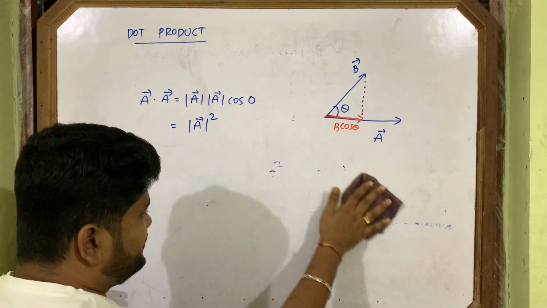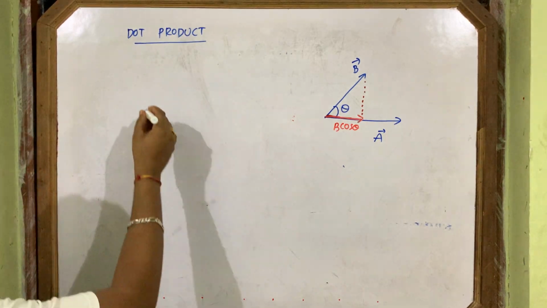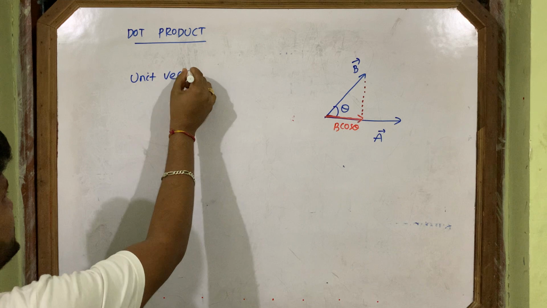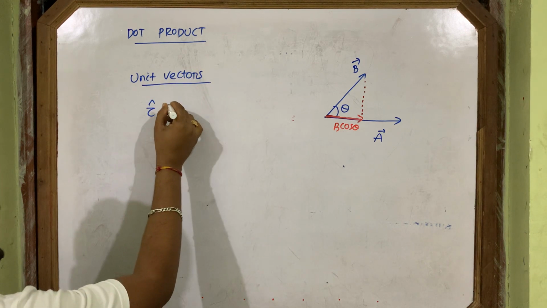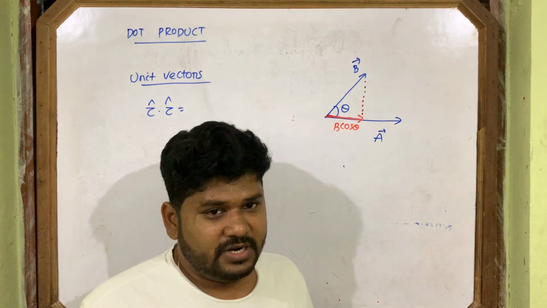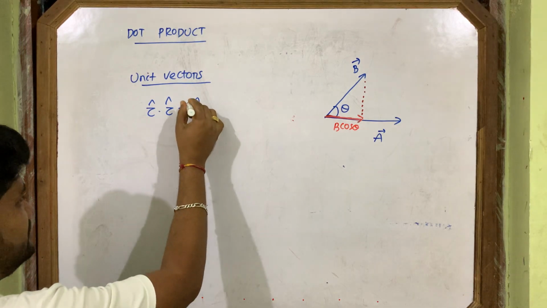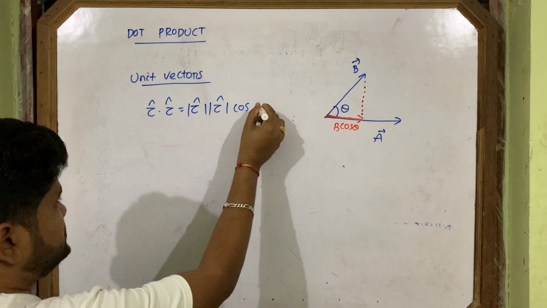Now let's come to the dot product of two unit vectors. I cap dot I cap. Use the formula A mod B mod cos theta. Remember this formula: first mod, second mod, cos 0.